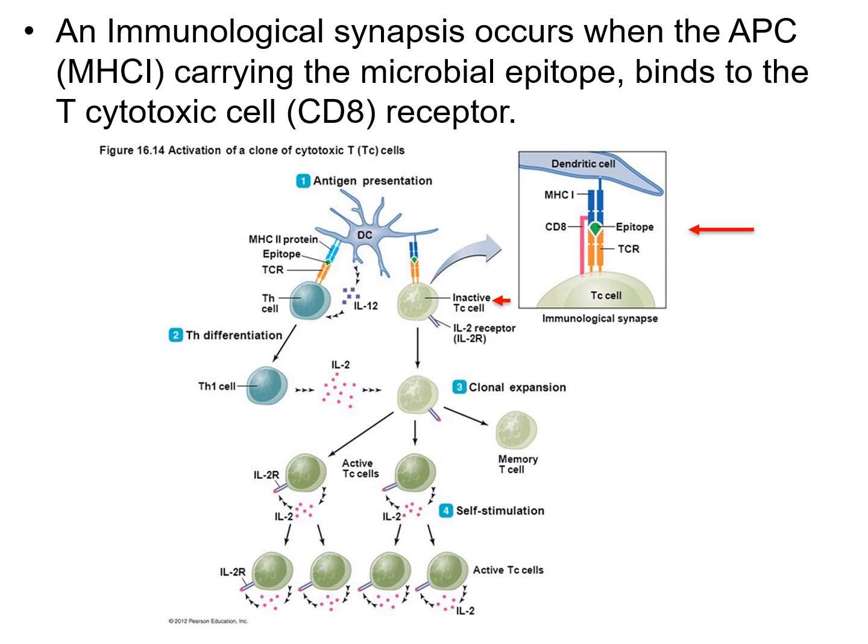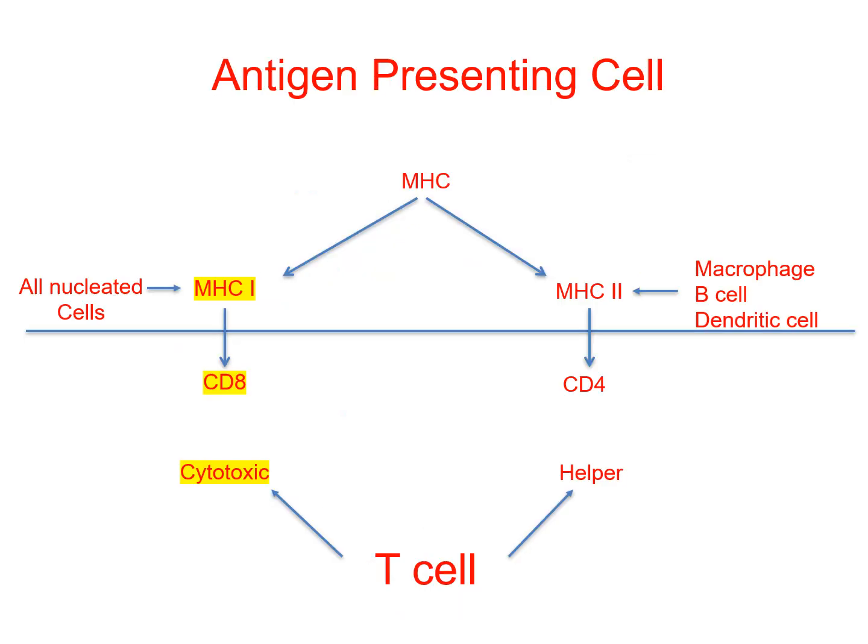And you remember what binds to MHC1? CD8. CD8 is on the cytotoxic cell. So then it creates an immunological synapse, a joining of the two hands. This is called challenge. This is another illustration to show you what challenge looks like.